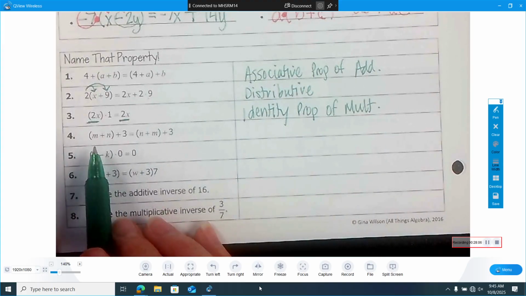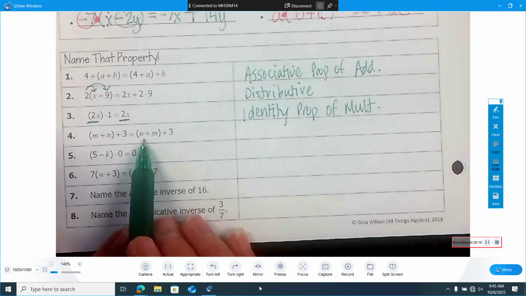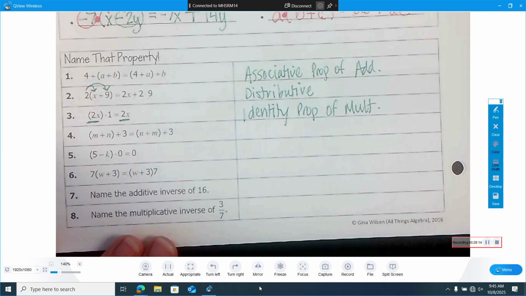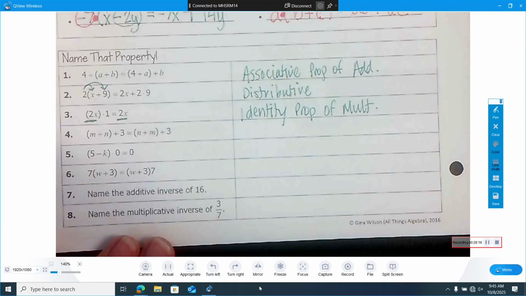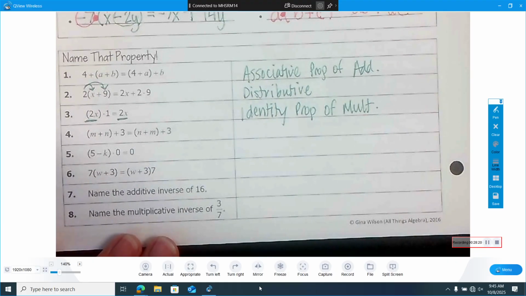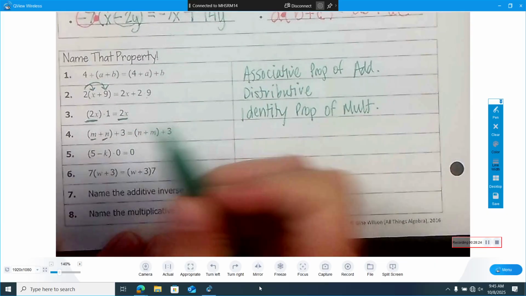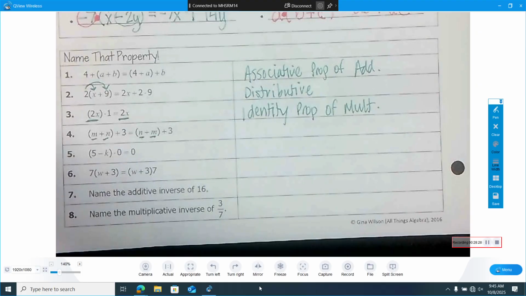All right, look at number 4. What's changing from the left side of the equals to the right side of the equals? Are the parentheses changing? The letters are trading places. So here we have m plus n, but on the right-hand side, it's n plus m.